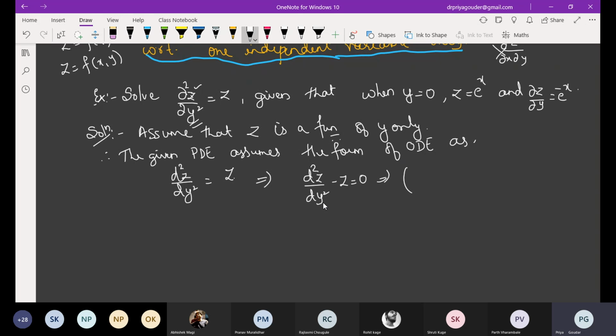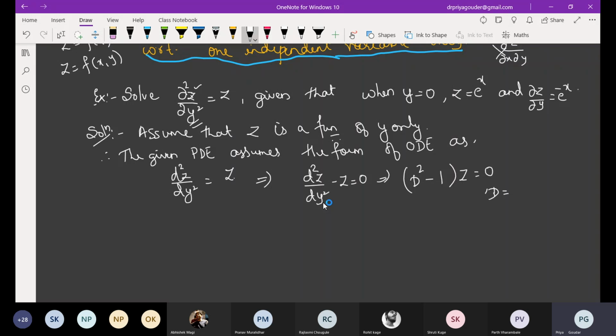First, I have to write in terms of capital D if you remember. d square z by dy square will be D square, and here, minus z. See, the dependent variable is z. D square Z minus Z is equal to 0. I'm taking z common. Can anybody tell me what D is here?